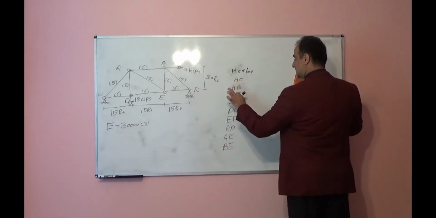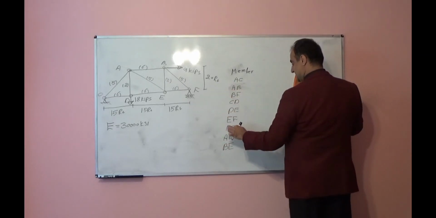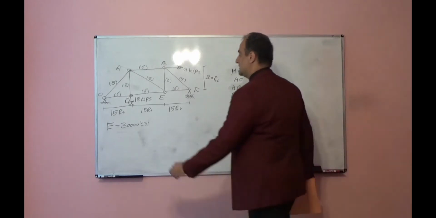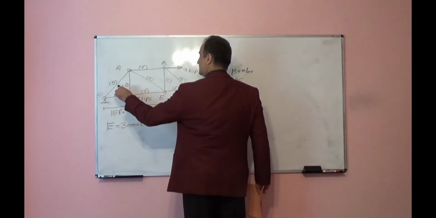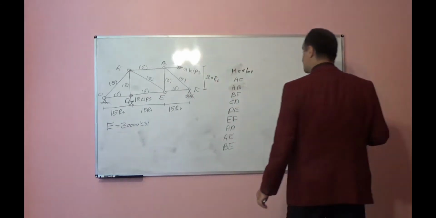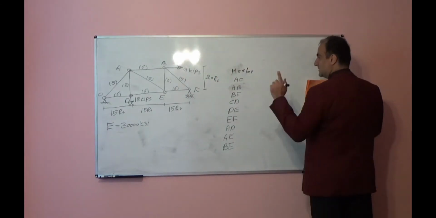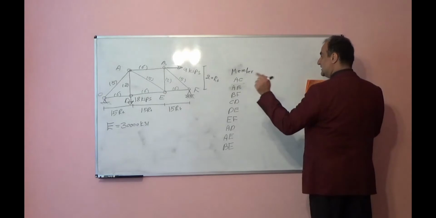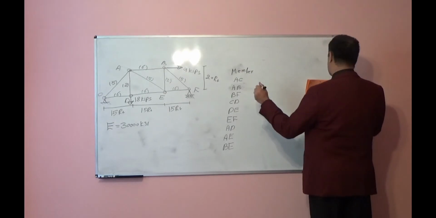So 1, 2, 3, 4, 5, 6, 7, 8, 9. Here 1, 2, 3, 4, 5, 6, 7, 8, 9. You will find internal forces for each member under real load.